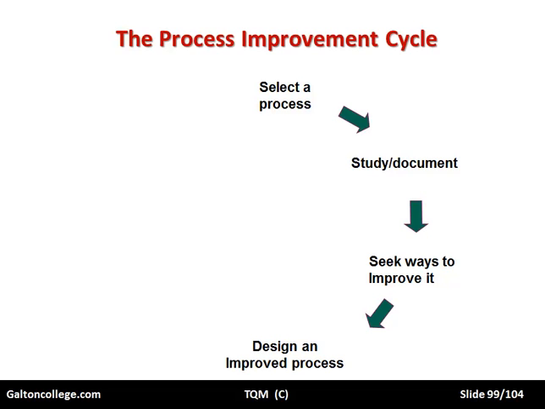When there's a feeling, or more than a feeling, when there's some idea that improvements can be made, then try to design an improved process. See what would be involved in trying to improve the process and get more quality, better reliability, fewer defects.